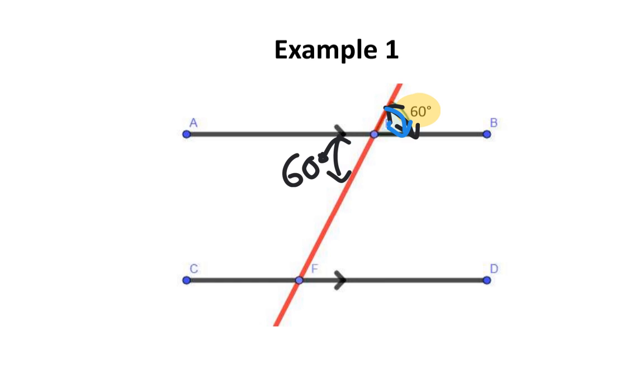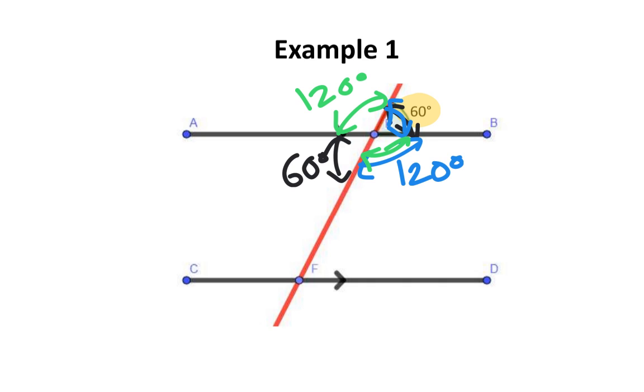This angle and this angle are supplementary angles, which means they must add up to 180 degrees. Using mental math, we can figure out that this is going to be 120 degrees. Since this is 120 degrees, this angle would also have to be 120 degrees since they are opposite angles and opposite angles are equal.